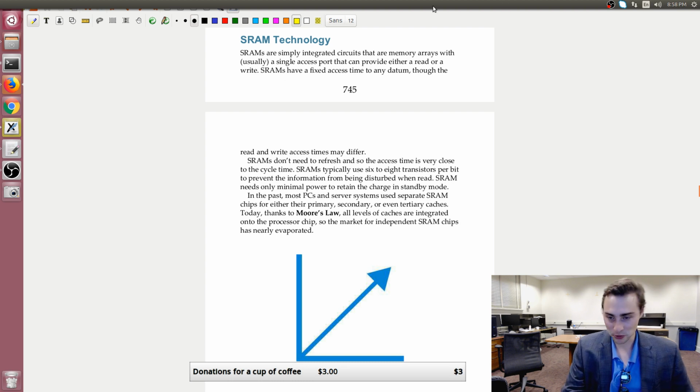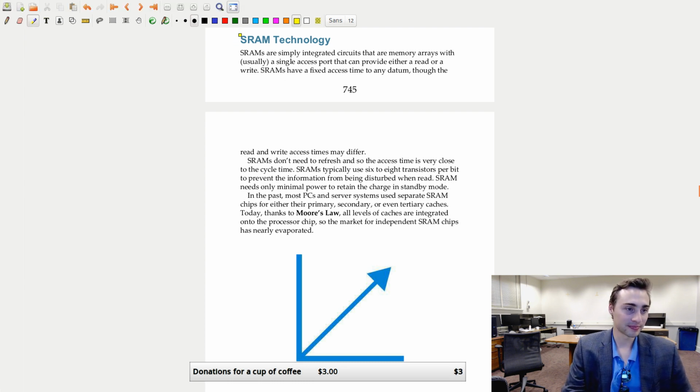So let's talk about SRAM. Static random access memory. They're simply integrated circuits that are memory arrays with a single access port that can provide either a read or a write. They have a fixed access time to any datum, though the read and write access times may differ.